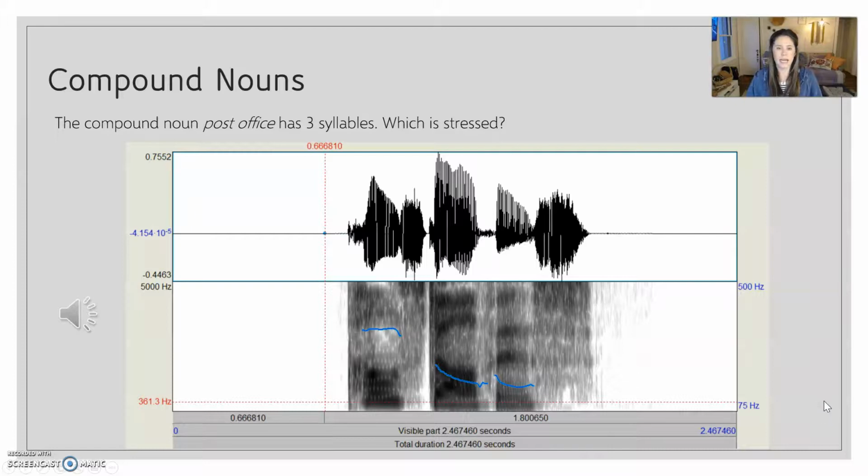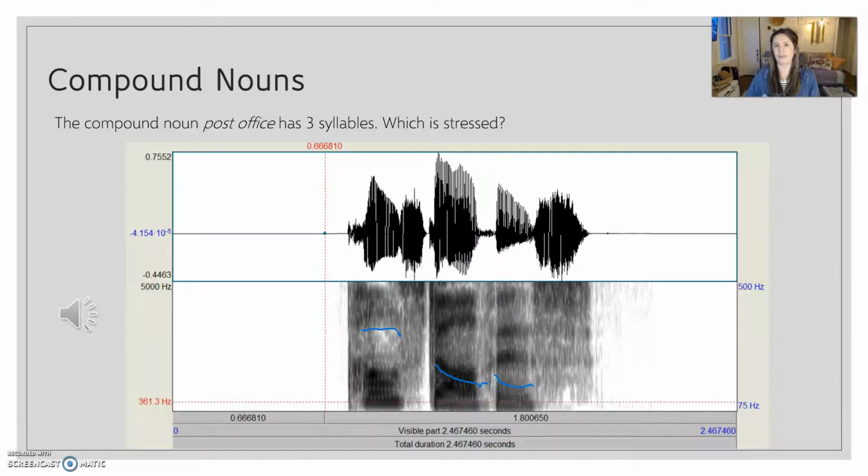In this next slide, we're looking at a visual representation of the frequency of our voice. This is a tool that is used so that we have some kind of visual representation of a word. Here you'll see the word post office, which is from your exercise on page 43 in your book.